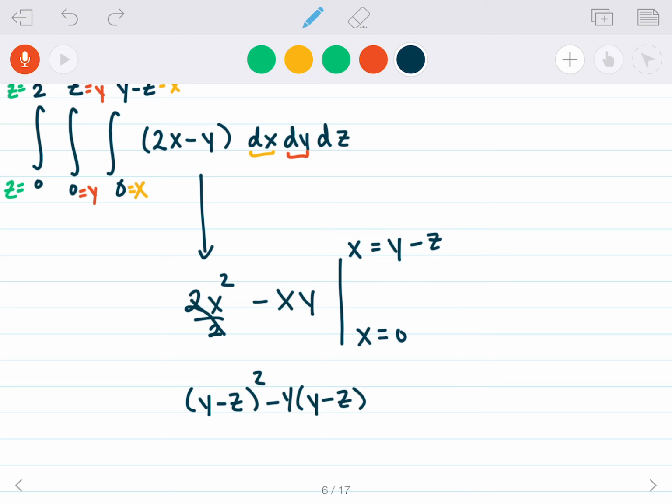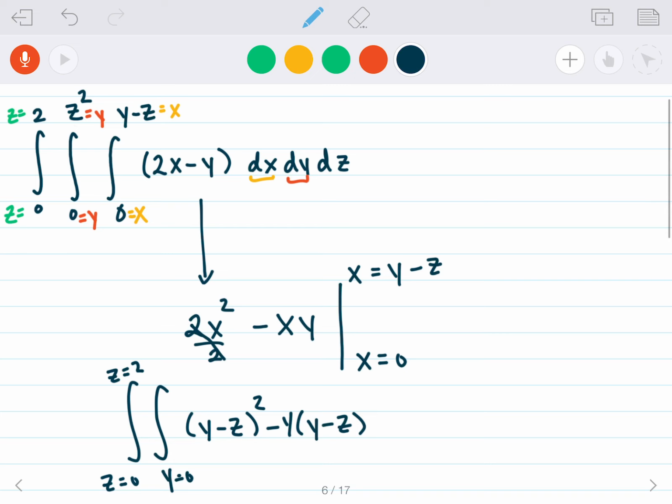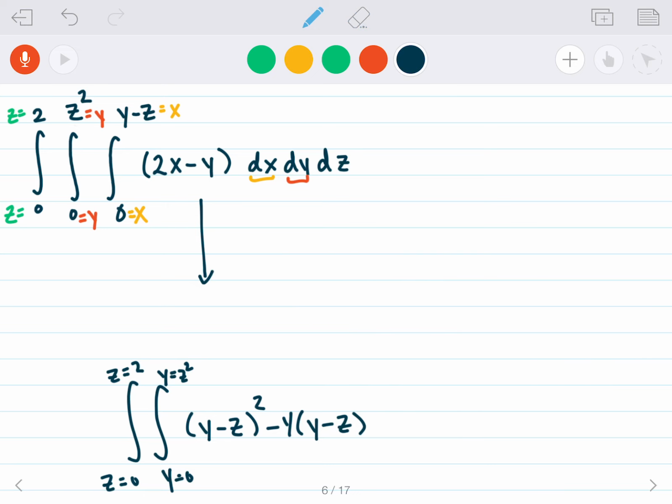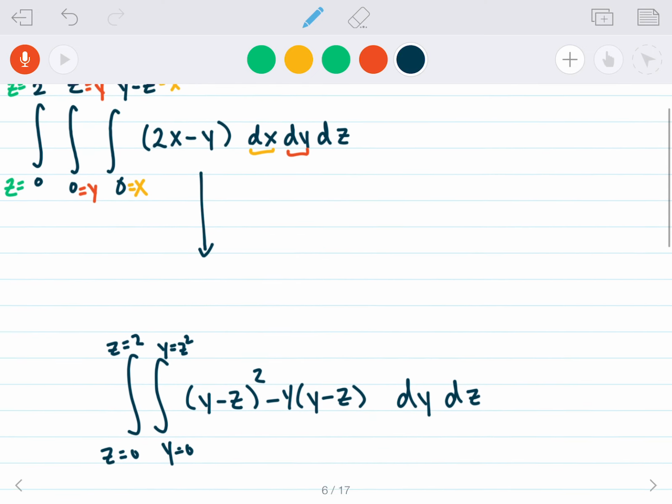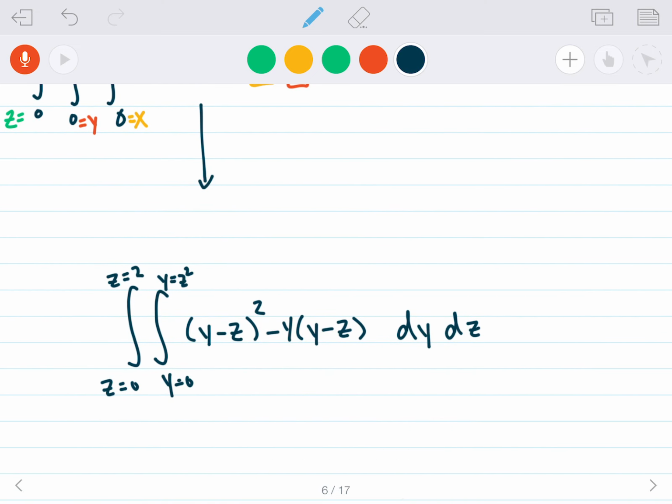Alright, so then I still have my other two integrals. I'm going from z equals 0 to z equals 2, and then right before that from y equals 0 to y equals z squared. I took care of that first one, so let me put the dy dz there. Now I'm going to integrate with respect to y, but before I do that, I'm going to distribute what I have first.